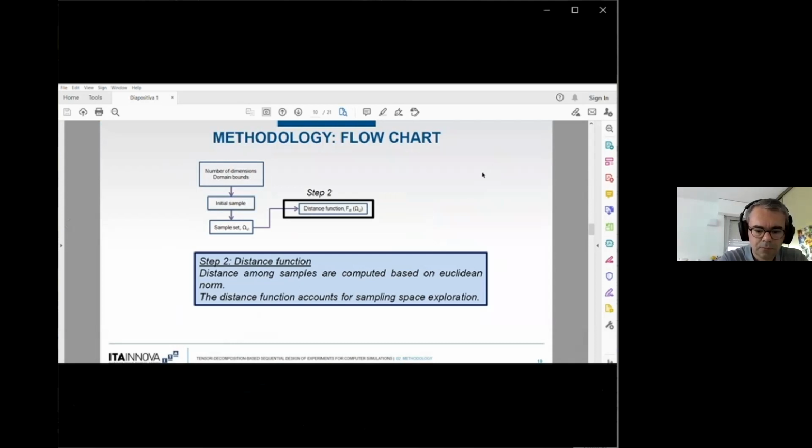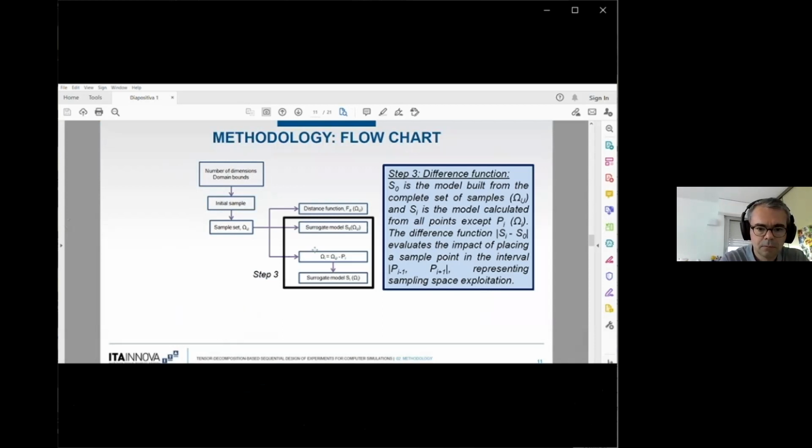We then define a distance function to take into account the distance between points in the dataset as well as the space coverage. Then we define a difference function. This function evaluates the impact that each single data point has on the output. We compare the system response when A, all data points, and B, all points but one, are included in the sample.